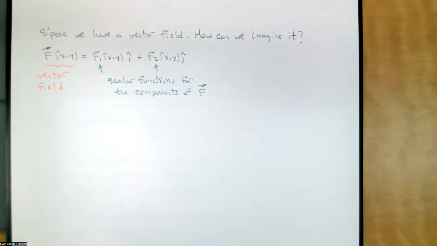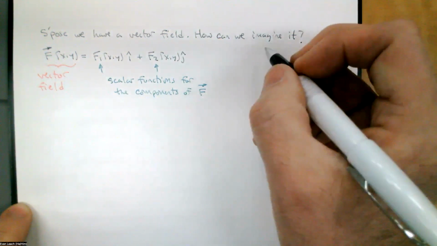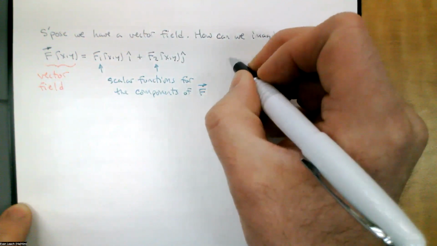So let's suppose we have a vector field. We want to imagine this. We can imagine this as the flow of water on the surface of the water. So imagine the flow of water on the surface of the water.